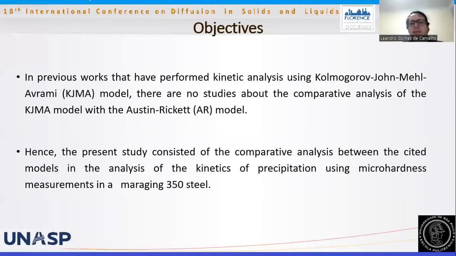Hence, the present study consisted of the comparative analysis between the cited models in the analysis of the kinetics of precipitation using microhardness measurements in the maraging 350 steel.